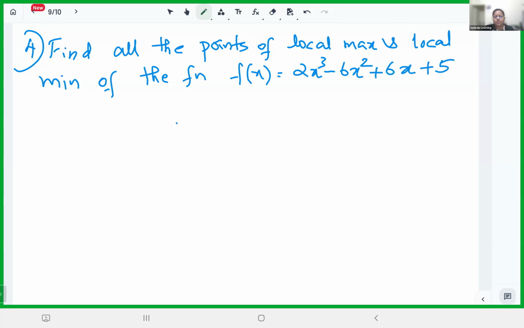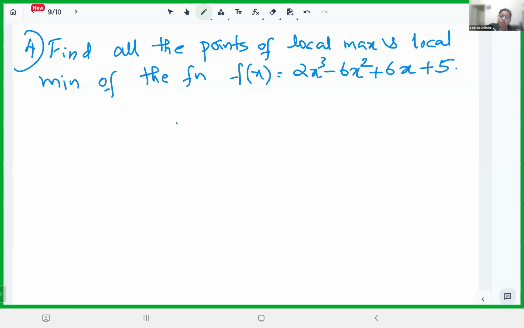So this is our function. We have to find out all the points of local maxima and local minima of this function.